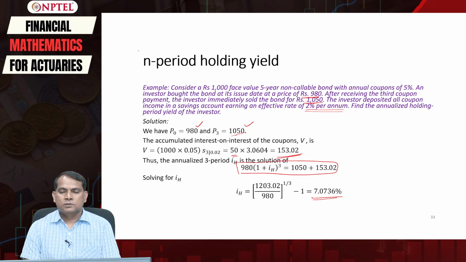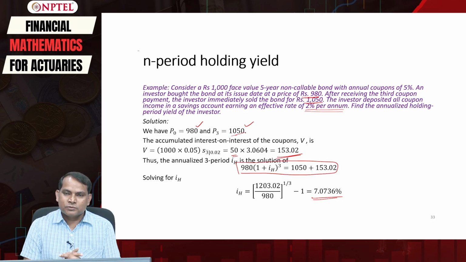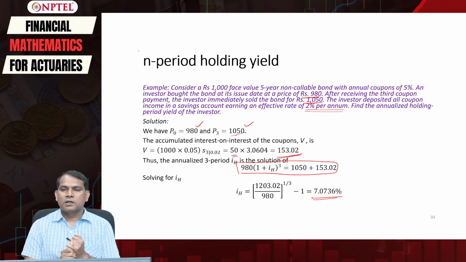So, the holding period yield in this case is 7.07%. Now that we have understood how to compute the yield to maturity, the current yield, the par yield and the holding period yield given the term structure of interest rate. And in this week we have also understood the spot rate, forward rate and the yield curve and also the theories that explain the term structure facts.